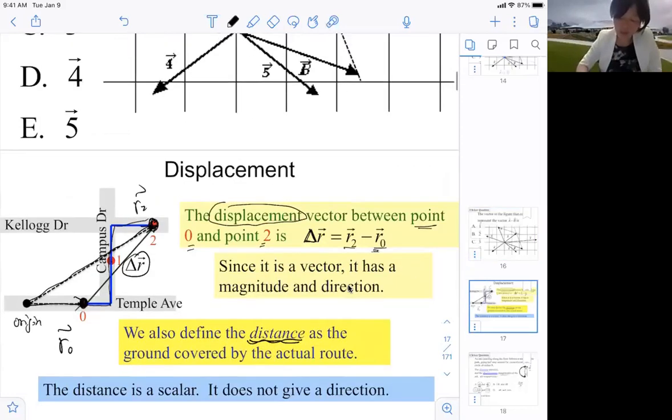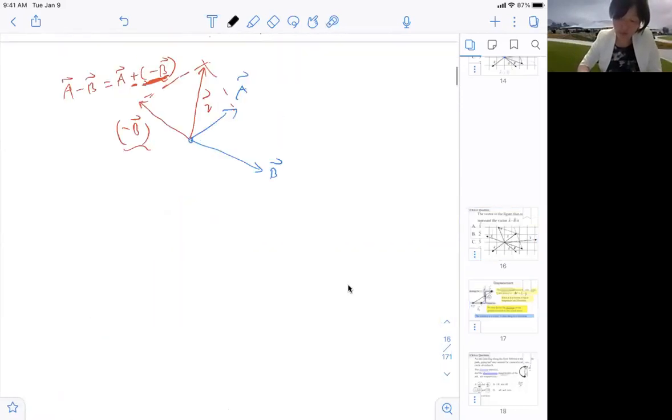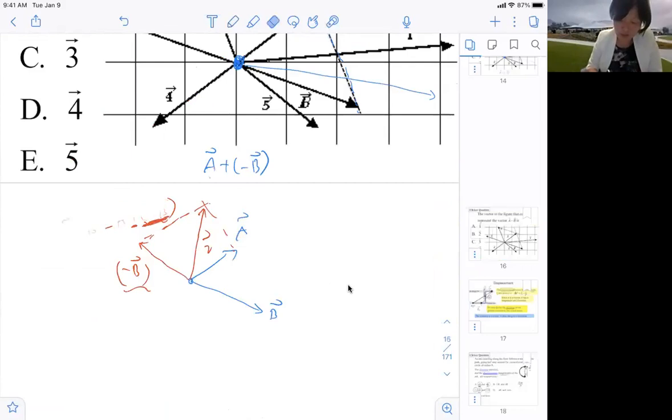I had a question really quick regarding the same problem. If A minus B equals vector 1, how would vector 2 look? Because I was a little bit confused on those two. Oh, this is a crappy diagram I drew. Let me correct this. I just didn't draw it very nicely.